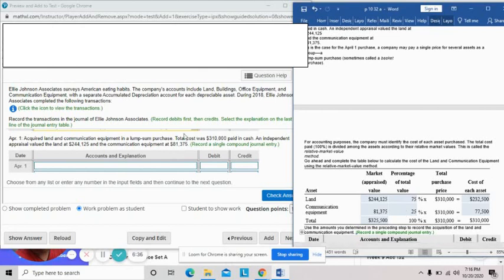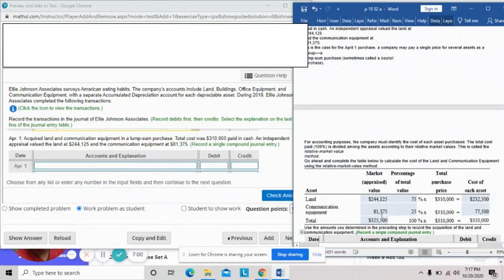As you recall, on April 1st, the total cost was $310,000 paid in cash. So since the land is 75% of the total value, we take the $310,000 total cost multiplied by 75% to get a cost of $232,500 for the land.